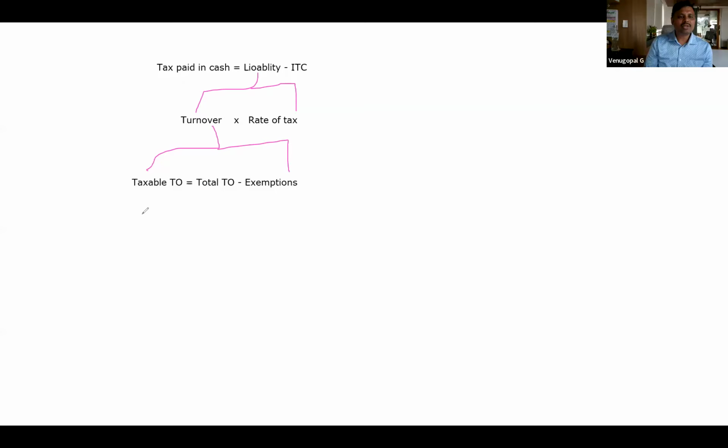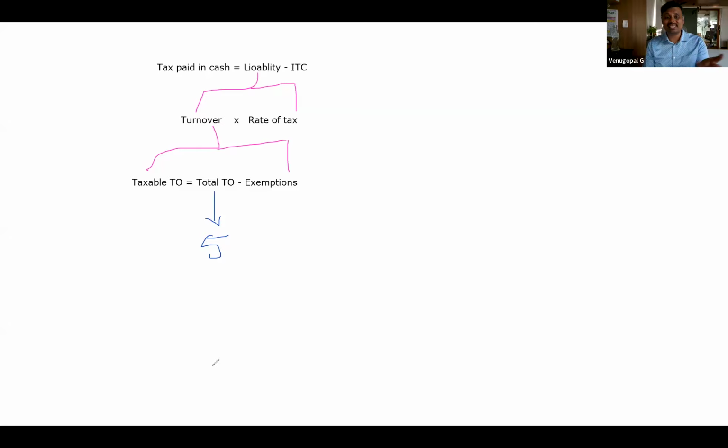Now, the government wants to understand what your total turnover is. So your total turnover is in table number 5 of 9C. That means the value in 5 is coming from the books. I said 9C is a reconciliation. Reconciliation of what?